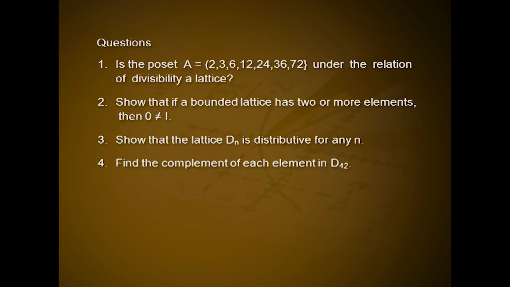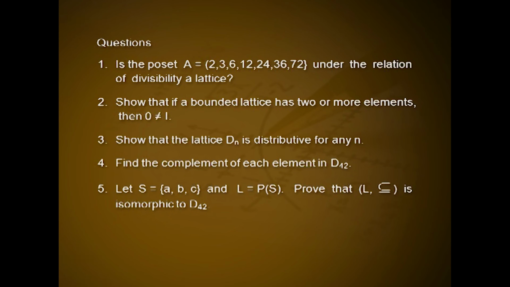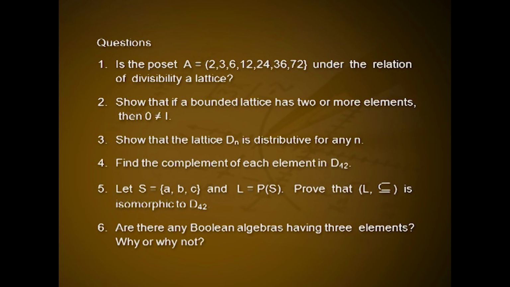Fourth one, find the complement of each element in D42. Fifth one, let S be equal to the set A, B, C and L be equal to the power set of S. Prove that L with less than or equal to is isomorphic to D42. Sixth one, are there any Boolean algebras having 3 elements, why or why not?